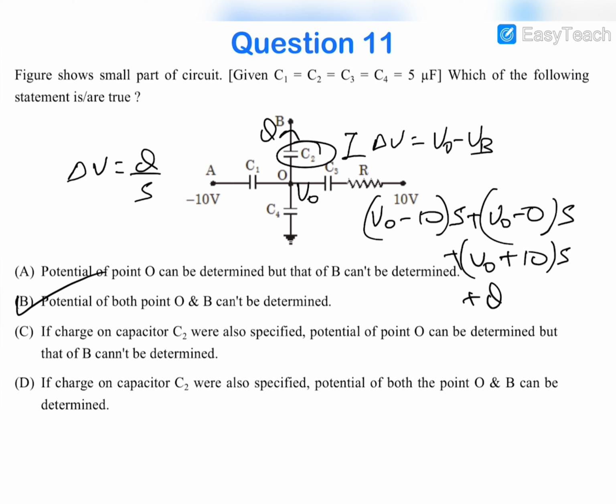So if the charge on capacitor C2 is specified, then the potential of both points O and B can be determined. Now we move on to the next question.